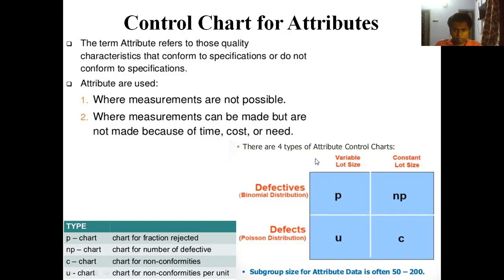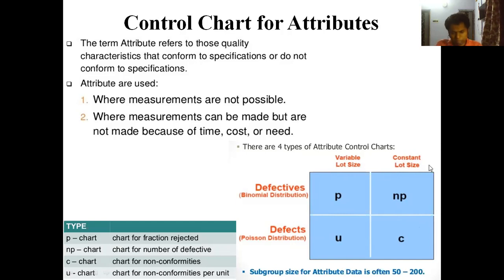P chart, or proportion chart, and also NP chart deal with defective items, and U chart and C chart consider defects. P chart and U chart are used when we have variable lot size. And NP chart and C chart are used when you have constant lot size.